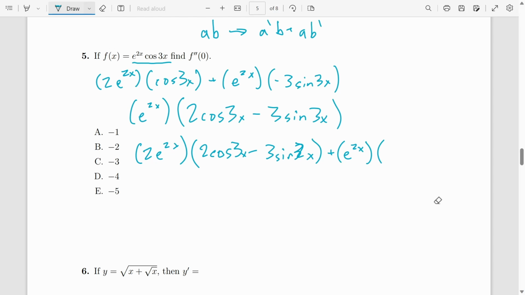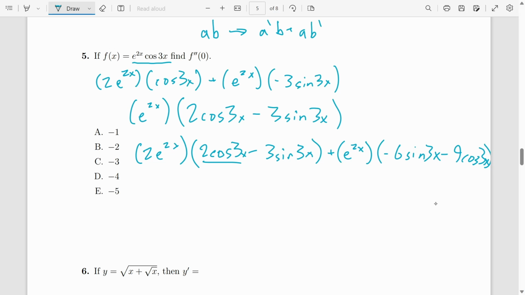So the derivative of 2 cosine 3x is negative 2 sine 3x times the derivative of the inside, which is 3, which makes that a 6, and then minus, let me rewrite that. The derivative of 3 sine 3x is 3 cosine 3x times 3, so minus 9 cosine 3x.